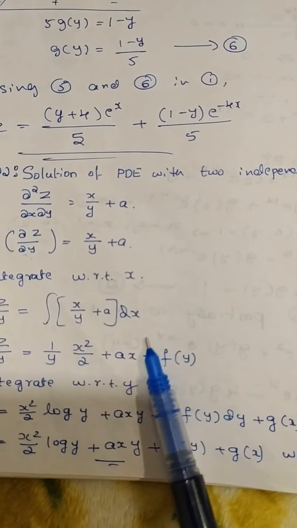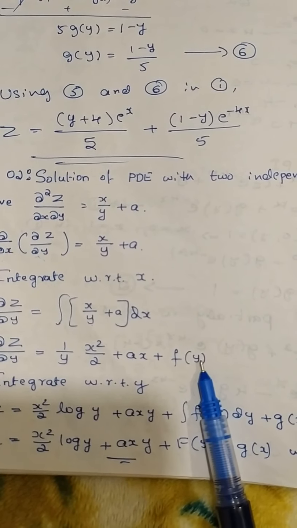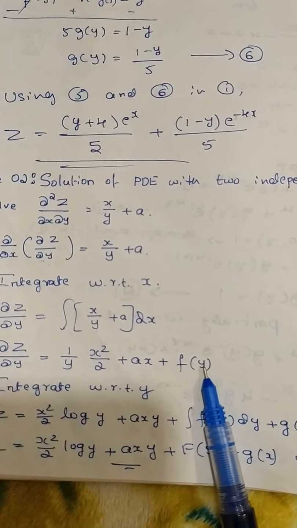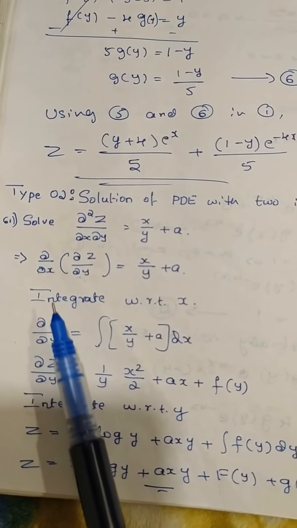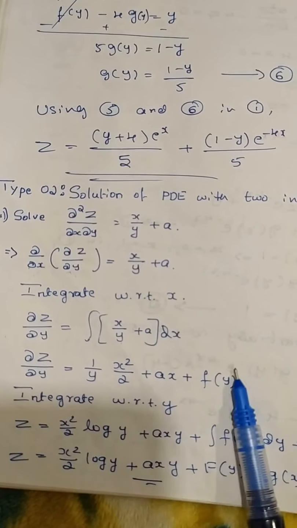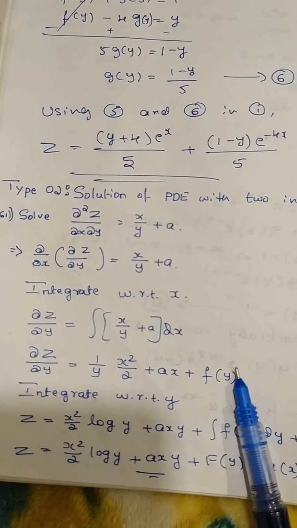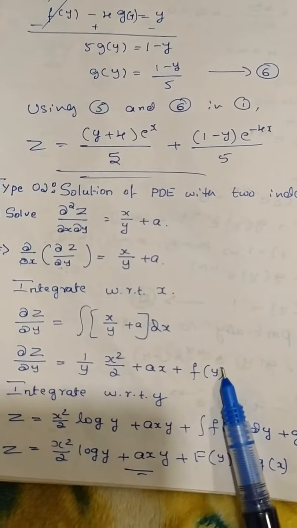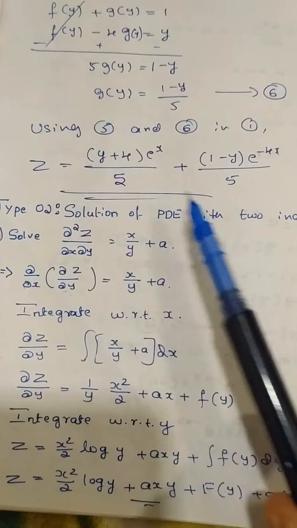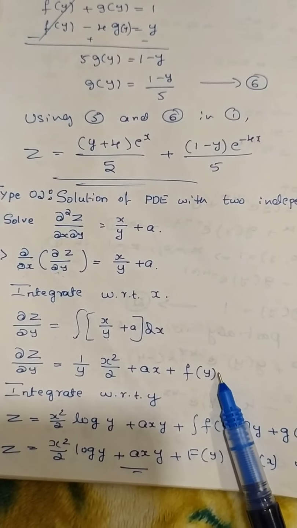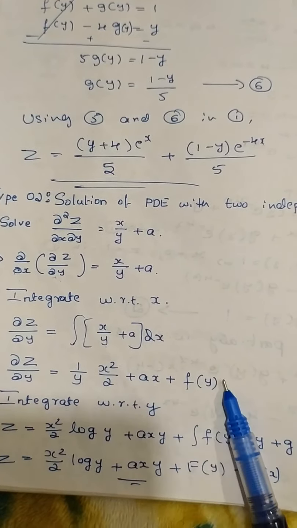Plus we have to take an integral constant. In an ordinary differential equation the integral constant is c, but in a PDE, while integrating with respect to x, take f of y as the integral constant. We have to find f of y using the given conditions. This PDE has no conditions, so leave it as it is.